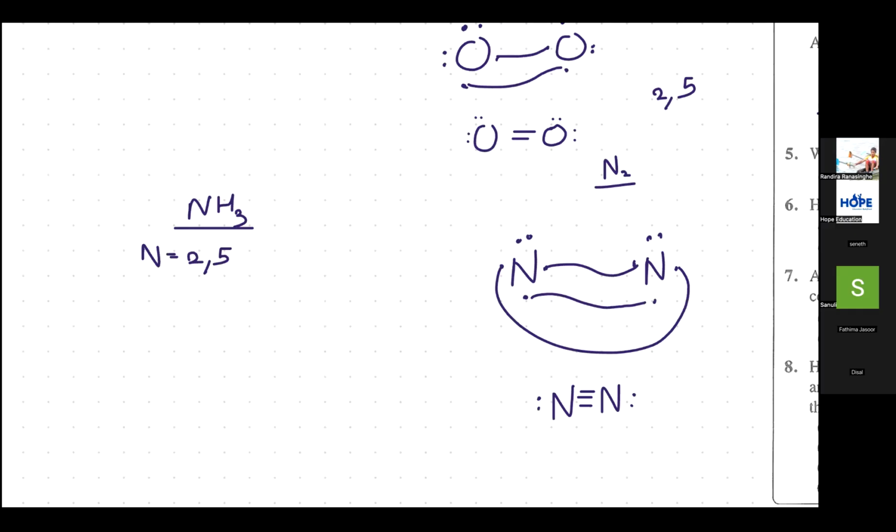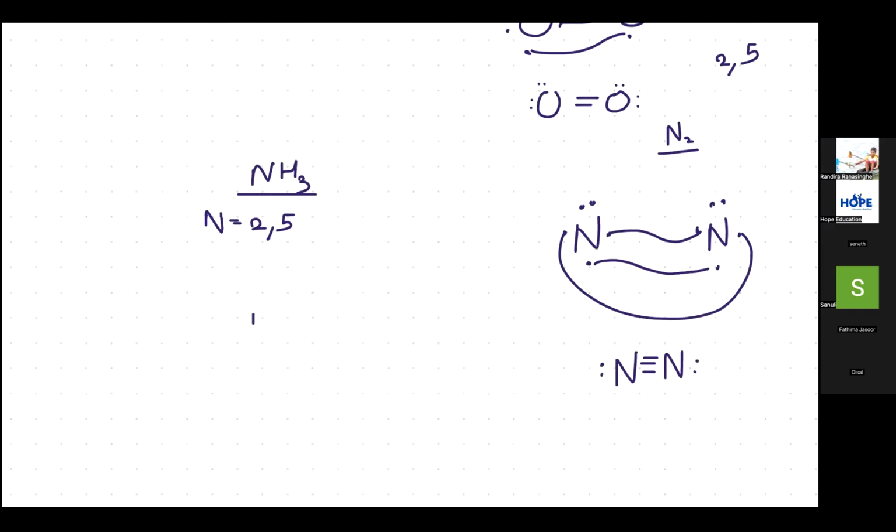So the outermost energy level is 5 here. So 1, 2, 3, 4, 5. So there is a lone pair here. That's no problem. Hydrogen comes to the other places and bonds. So it has 3 covalent bonds.